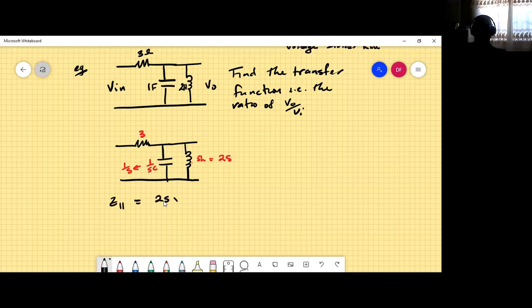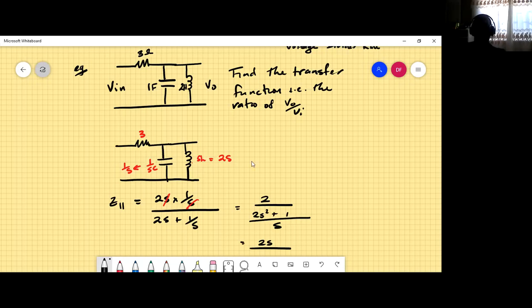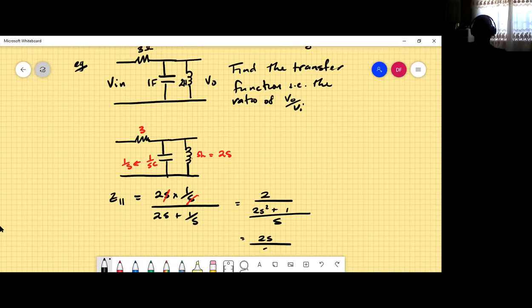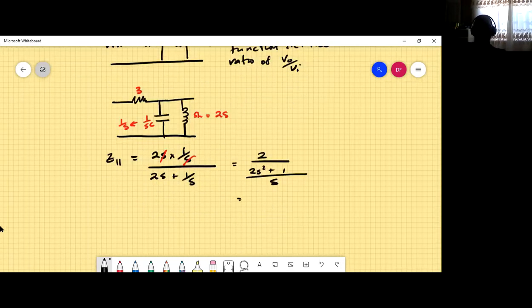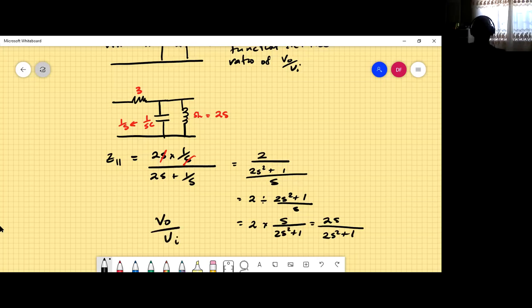So that would be 2S times 1 over S, over 2S plus 1 over S. That is 2 over 2S squared plus 1 over S, which is 2 multiplied by S over 2S squared plus 1, which is equal to 2S over 2S squared plus 1. That would be the impedance of the parallel section.